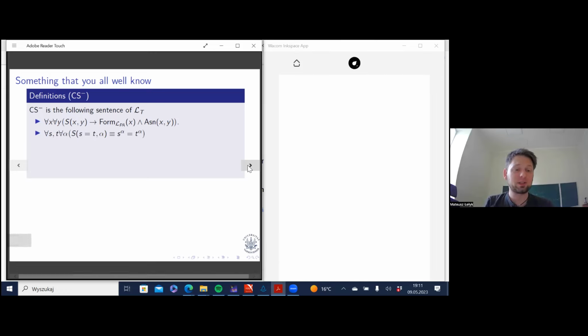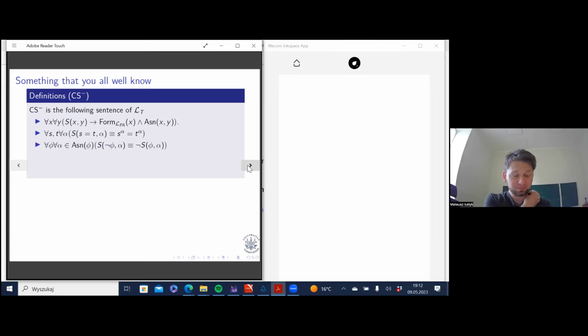The second one tells me that my satisfaction class correctly guesses the satisfiability of atomic formulae. This S to the alpha equals T to the alpha means that the term S under the assignment alpha gets the same value as the term T under the assignment alpha.